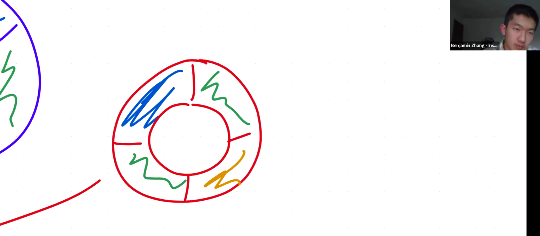Instead, what we do is we insert one within the color. Let me see what's the best way to draw this. So we essentially split this into two more sections, and then in this middle section, we insert a new color.